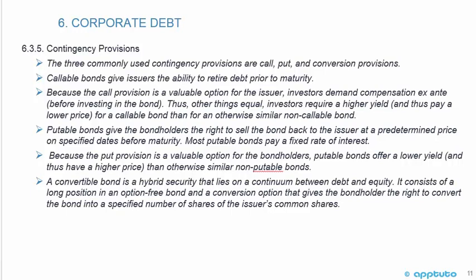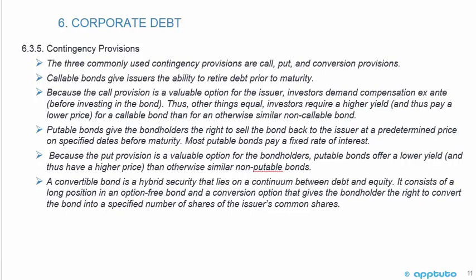So remember, the price of a callable bond equals the price of a normal, option-free bond minus the price of the option, because the issuer has bought the option from you. That's a review. We did that before. Puttable bonds give the bondholders the right to sell the bond back to the issuer at a predetermined price on specified dates before maturity.